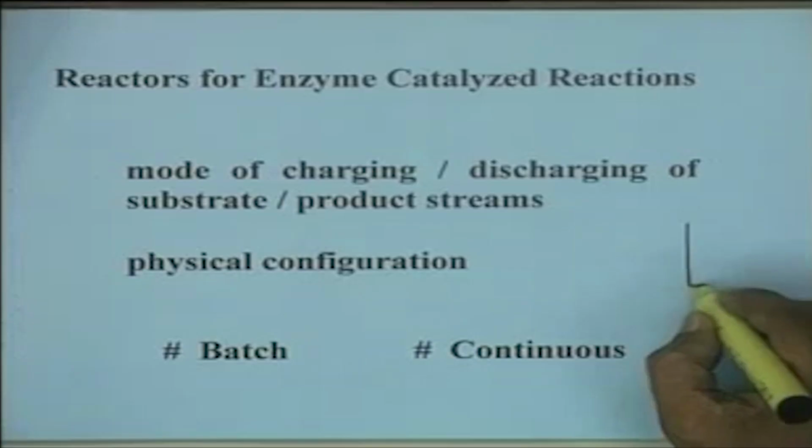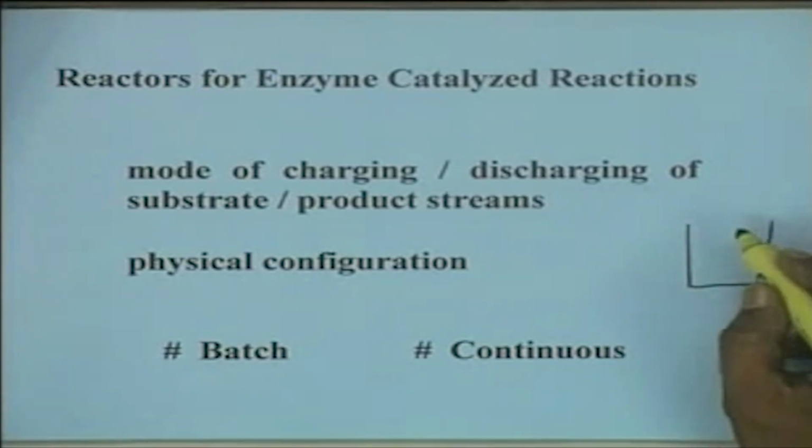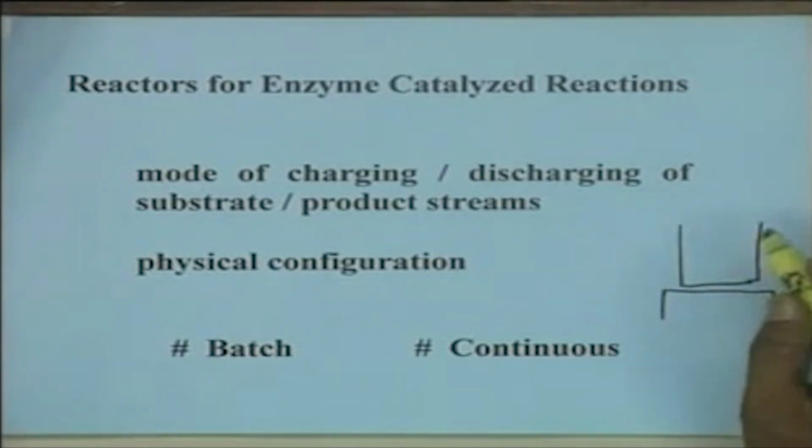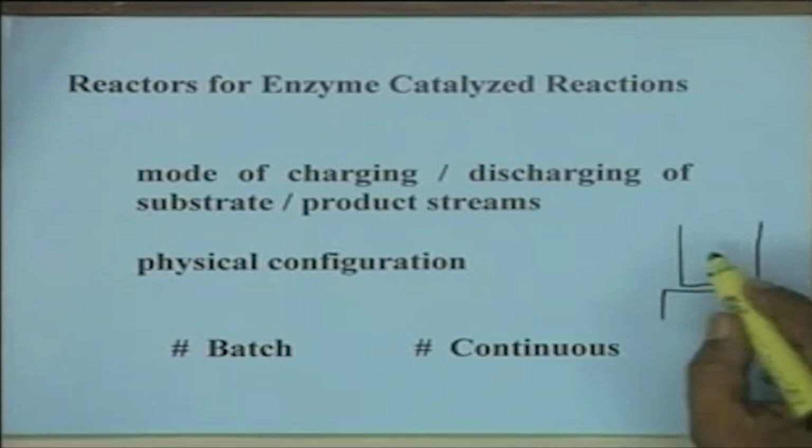Now, essentially a number of reactor systems are available, and they can be classified in a very general way on the basis of their mode of charging and discharging of the substrate and product stream. You are familiar, for example, in laboratory experimentation, with a simple stirred vessel, in which you take a beaker and put it on a magnetic stirrer, or you can also insert a mechanical stirrer if you want.